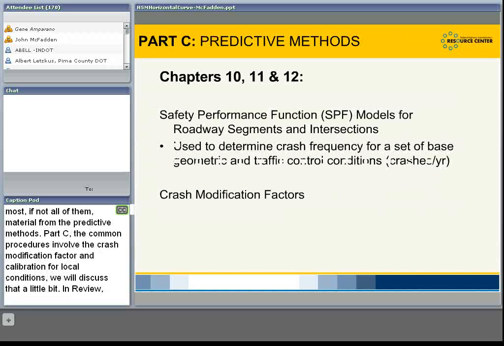If you plug that in, you can yield for any two-lane rural highway the expected number of crashes given that ADT and section length, assuming that highway met the base conditions.